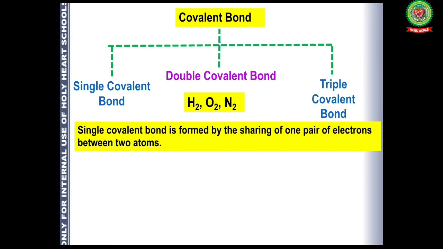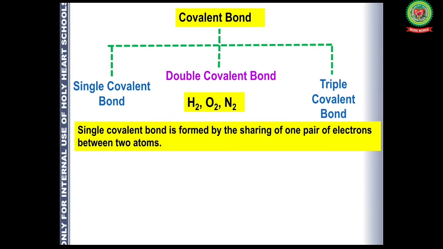Afterwards, we'll be studying their electron dot diagrams and making the picture more clear. A single covalent bond is formed by the sharing of one pair of electrons between two atoms. One pair means 2 electrons. So when one pair of electrons is shared between two atoms, there is single covalent bond formation.